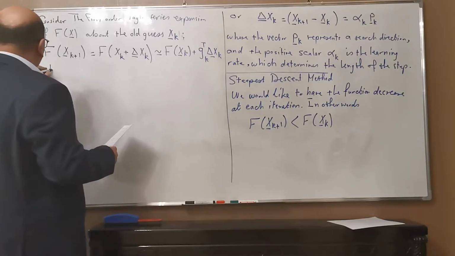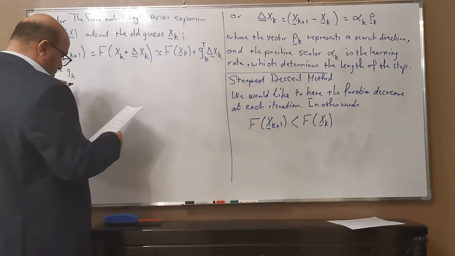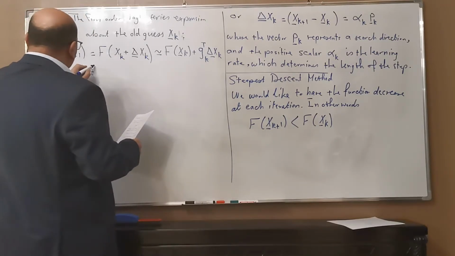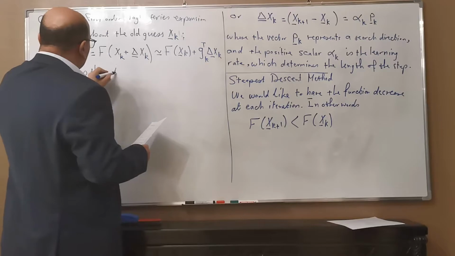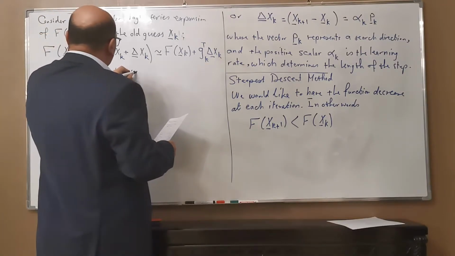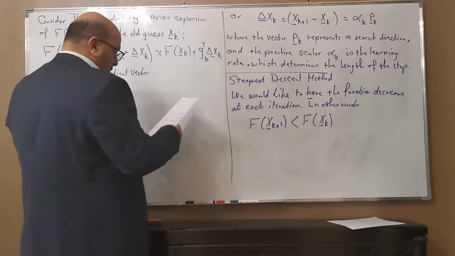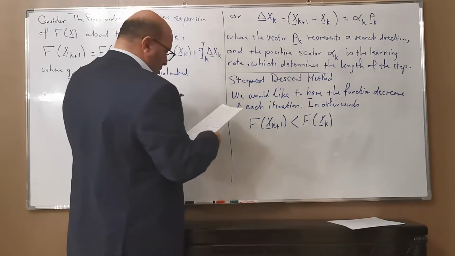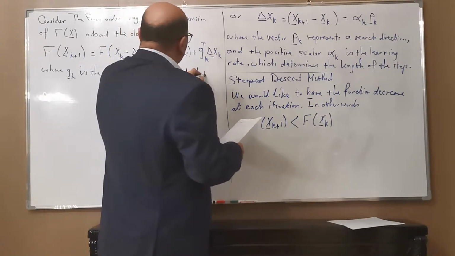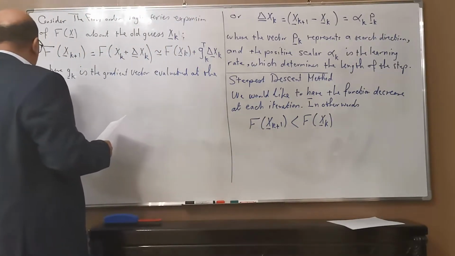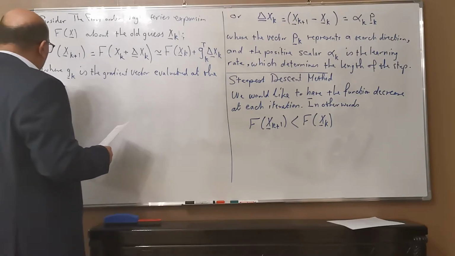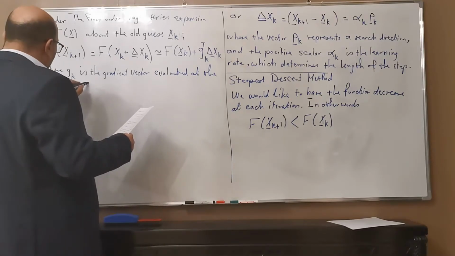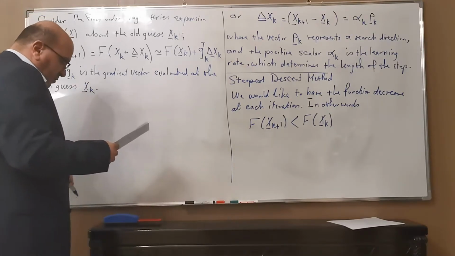So where gk is the gradient vector evaluated at the old guess xk.